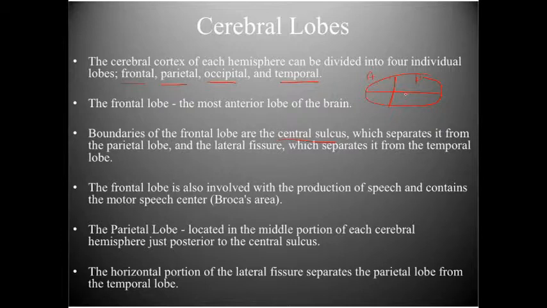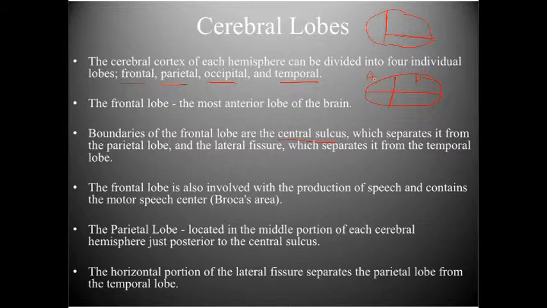The lateral fissure separates it from the temporal lobe, and so basically if we were to flip it and look at it from the side, we have this area here, which is the lateral fissure.